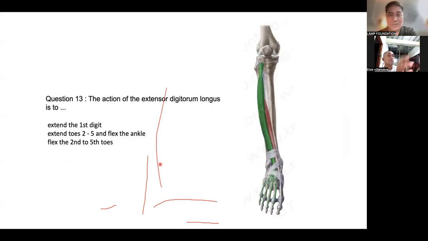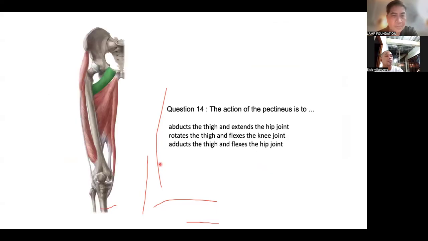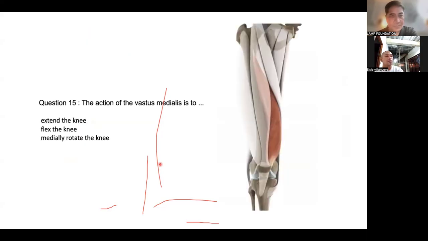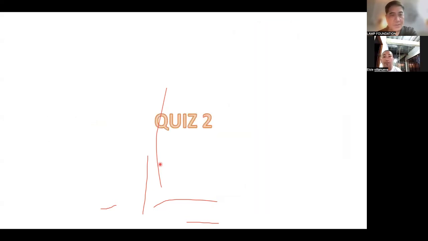Action of extensor digitorum longus: extend toes number 2 to 5 and flex the ankle. Action of the pectineus is to abduct the thigh and flex the hip joints. Action of vastus medialis: extend the knee.